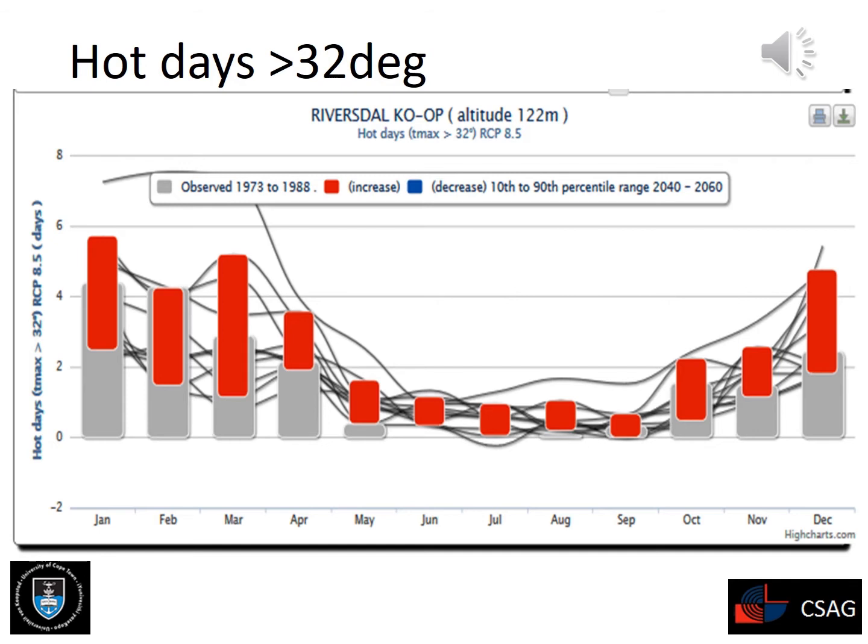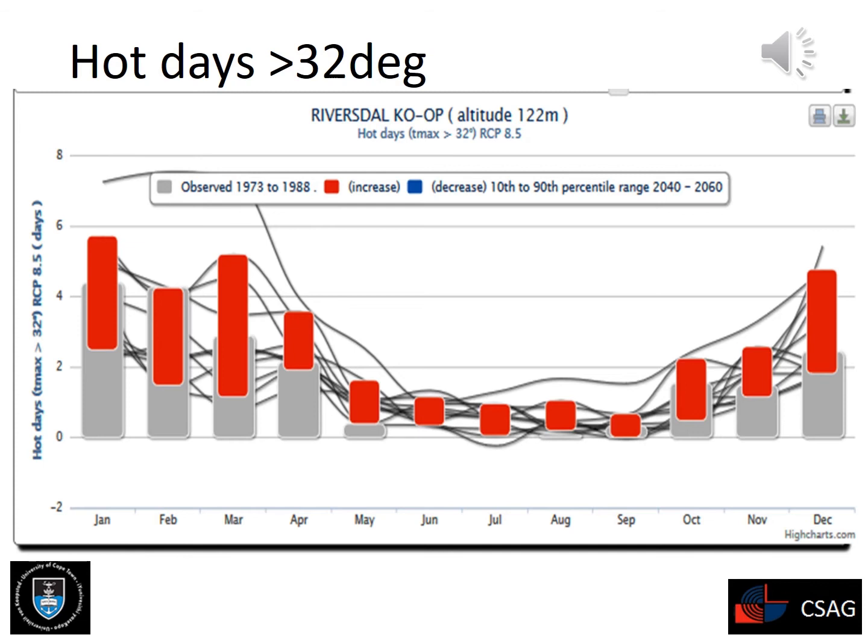Now, January is not really the growing season for wheat farmers, and neither is February. So we look at the months March to November, and you'll see that on average there's around about 1 to 2 days over 32, and we do see some of those days occurring in May, August and September. Not very many, but they do occur.